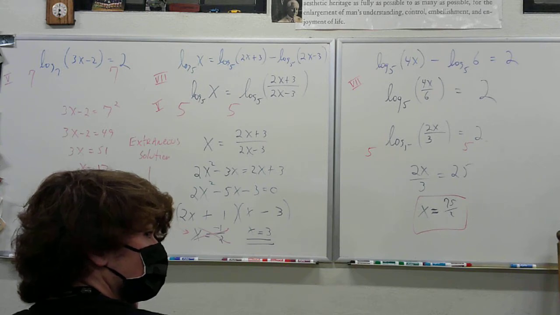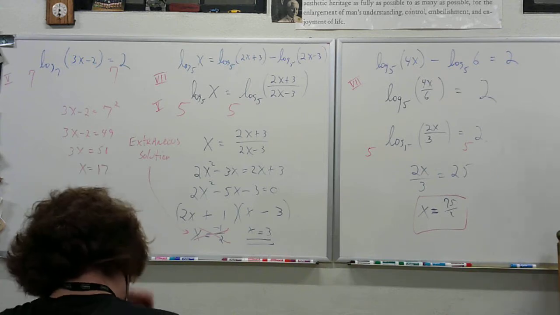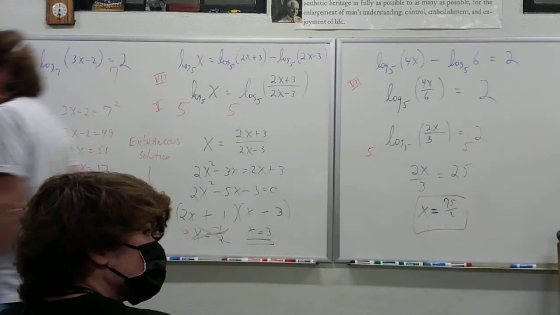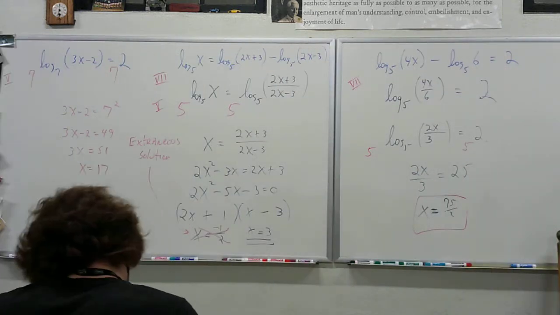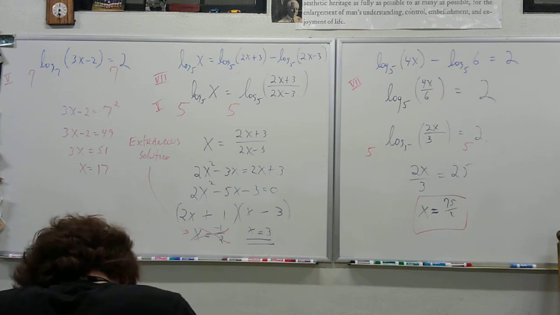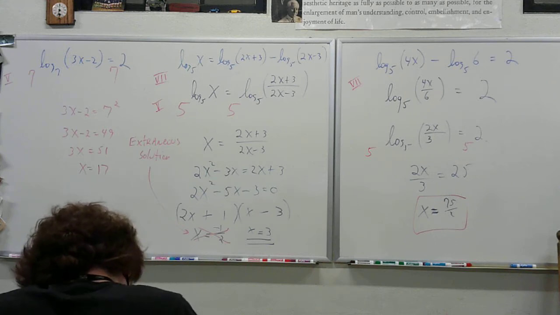Now, I'm going to go ahead and work number 20. I'm going to work number 20 for you guys. I got to keep a list of which ones I work, otherwise I mess up later in the day. I'll work number 20.